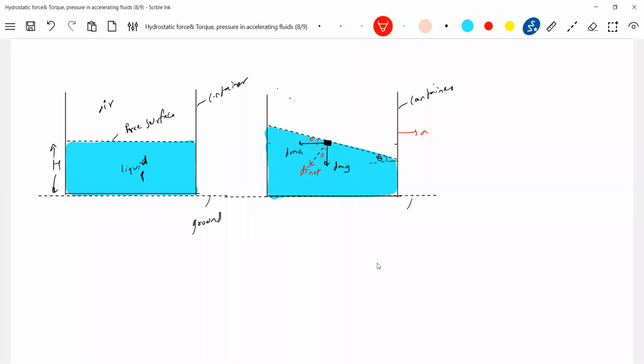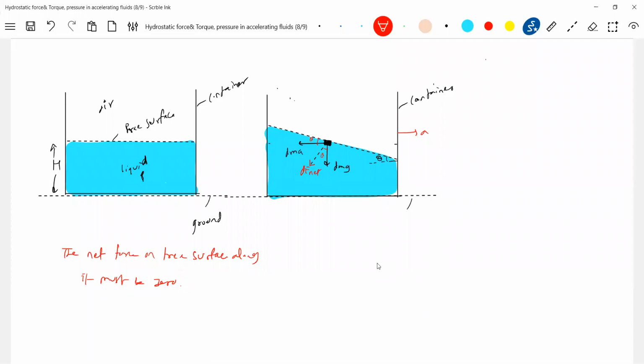Let's check that. What is the property of the free surface? The net force on the free surface along it must be 0. Or it will align itself normal to the net force.